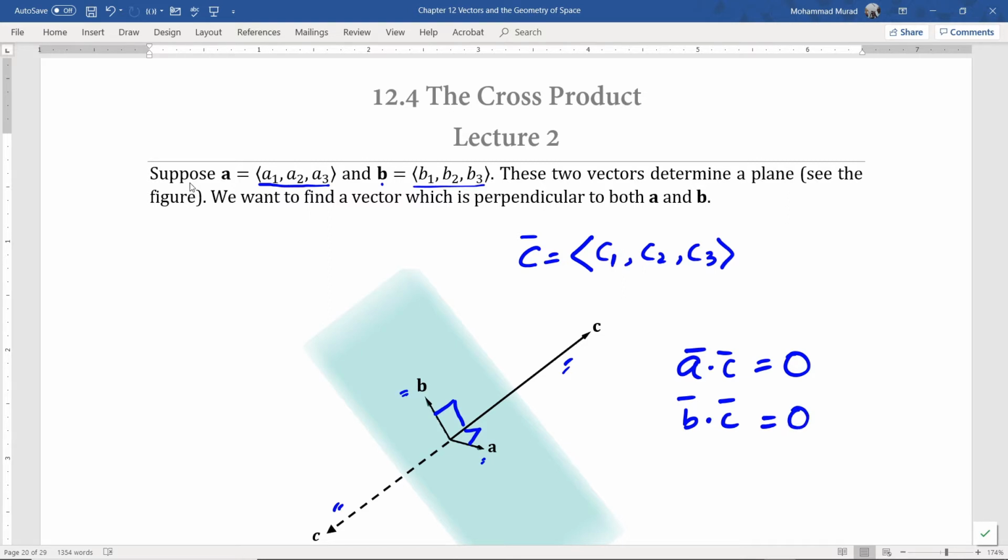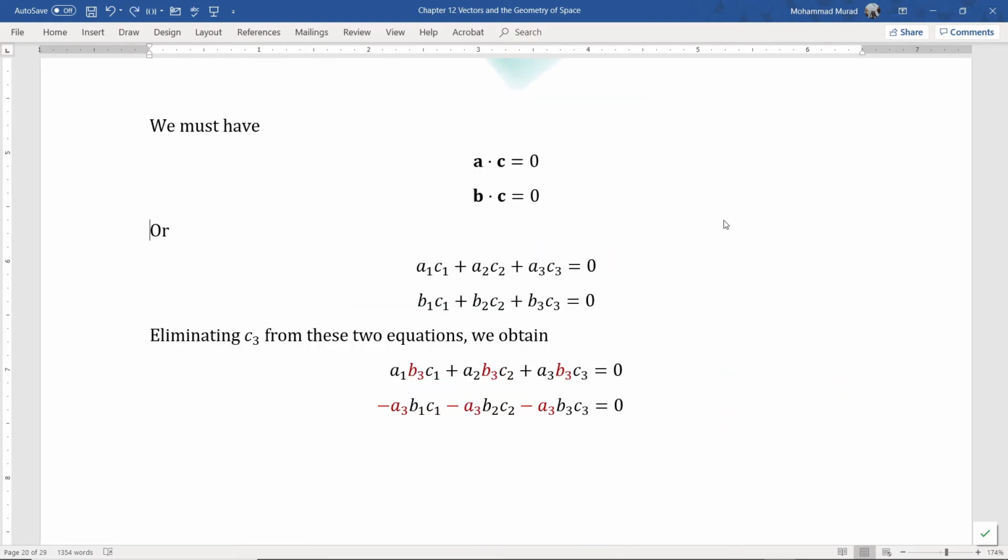To obtain the components of this vector C, we need to solve these two equations. So when we write the equations in component form, the first equation gives this: A1 C1 plus A2 C2 plus A3 C3 equals 0.